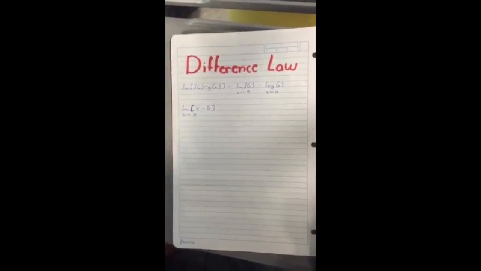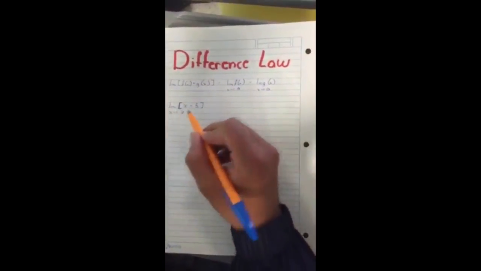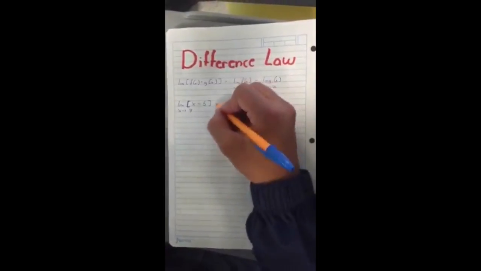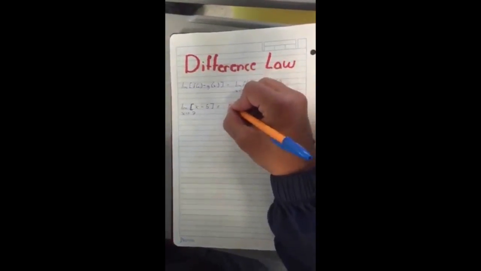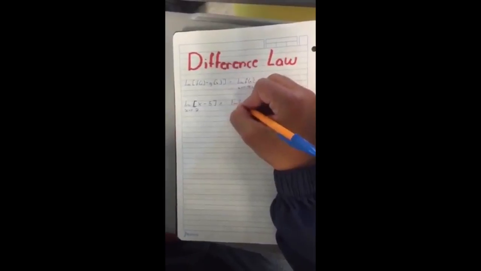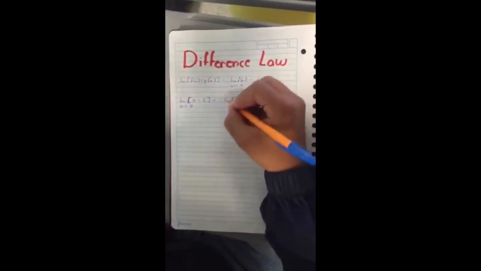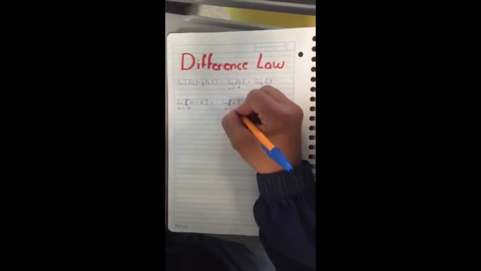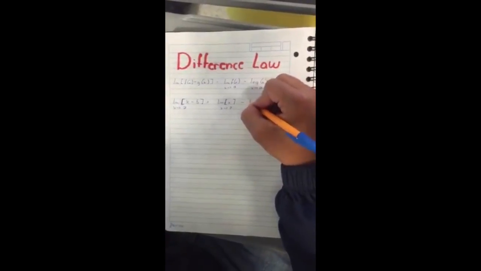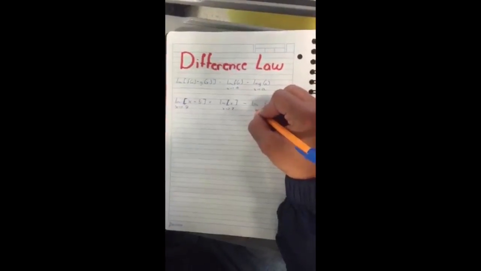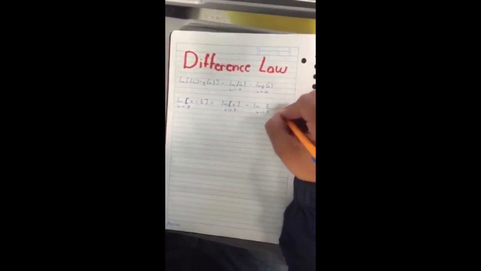In this example, we have the limit of x minus 5 when x is approaching 7, which is equal to the limit of x when x is approaching 7 minus the limit of 5 when x is approaching 7.